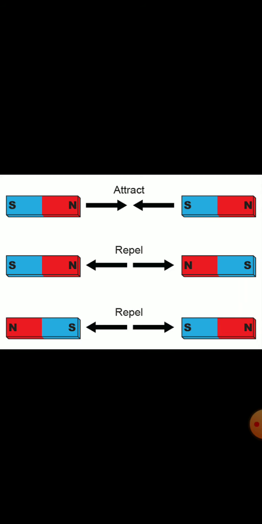Second case, north north, both are like poles, so they will repel. South south, they are also like poles, so they will repel. So this we have observed through various activities that like poles repel and unlike poles attract each other.